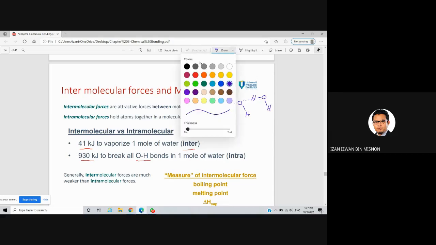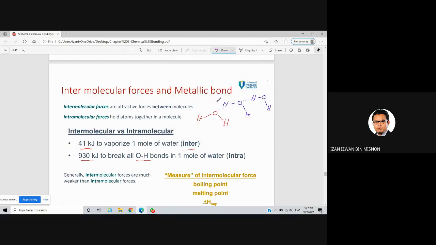So the energy required to break the water molecules apart, each water molecule becomes an individual water molecule. This will be in gas phase. So that's why the energy required will be relatively low. From liquid to gas, it will require breaking one bond. This bond is called intermolecular forces.